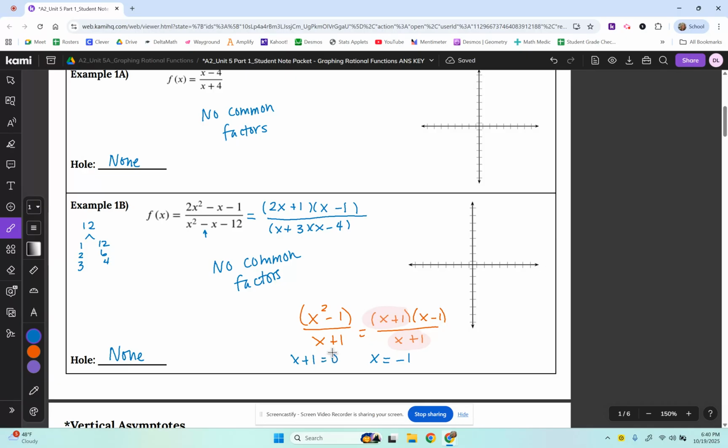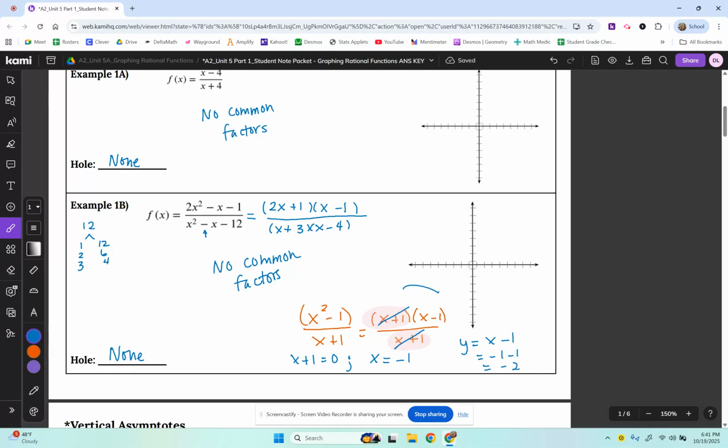So I'm going to set that equal to 0, and I know that if x plus 1 equals 0, x has to equal negative 1. So this is my x value for my hole, and then I plug it into what I have left. Okay, so if we were doing regular fractions, these would cancel, and we would be left with x minus 1. So for my y value, I'm going to substitute in my negative 1 into x minus 1, and that's going to give me a negative 2.